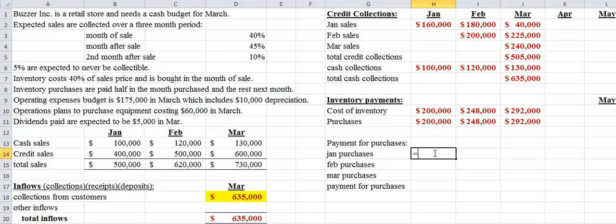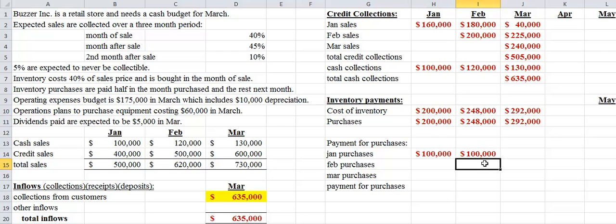So January purchases will be paid half in January and half in February. They tell us the stagger over here. January purchases are paid half in the month it purchased and the rest the next month. So January's purchases are paid half in January and half in February.